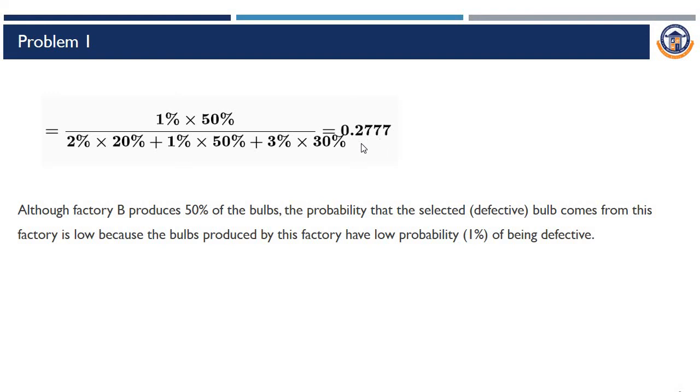So this is the probability, 0.2777. Although factory A2 produces 50% of the bulbs, the probability that the selected defective bulb comes from this factory is low, because the bulbs produced by this factory have a low probability of being defective.